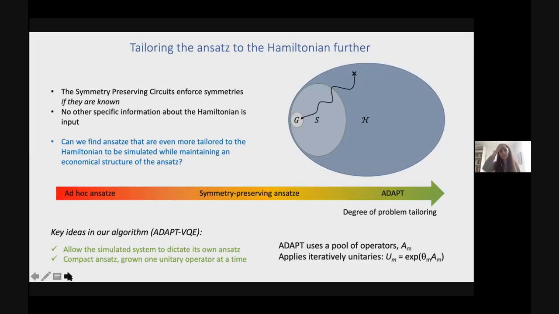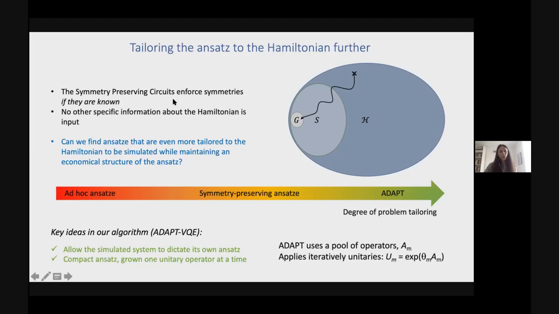So the next step we want to take is tailor the ansatz to the Hamiltonian even further. So far, we impose symmetries, so we can kind of look inside the sector S. But then one question you could ask is, is there a more organized way to go directly to this ground state from some initial starting point?